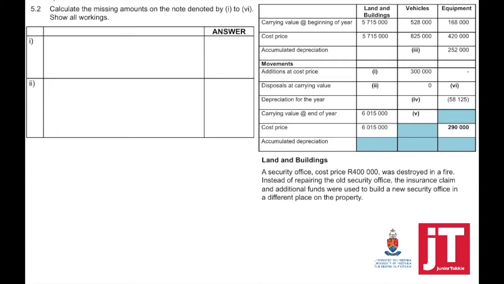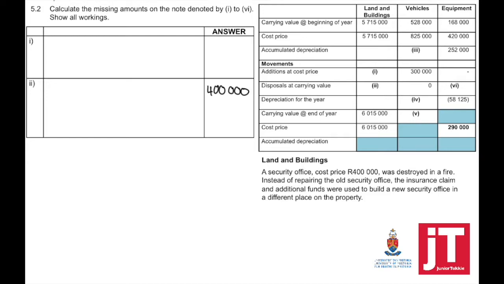We start with number 2, because they told me a security office with a cost of 400,000 was destroyed in a fire. So we are going to show this as disposal at carrying value. Because now the calculation in number 1 becomes a lot easier.